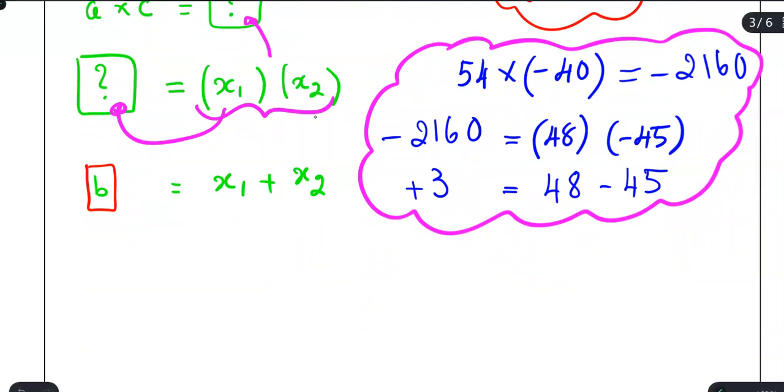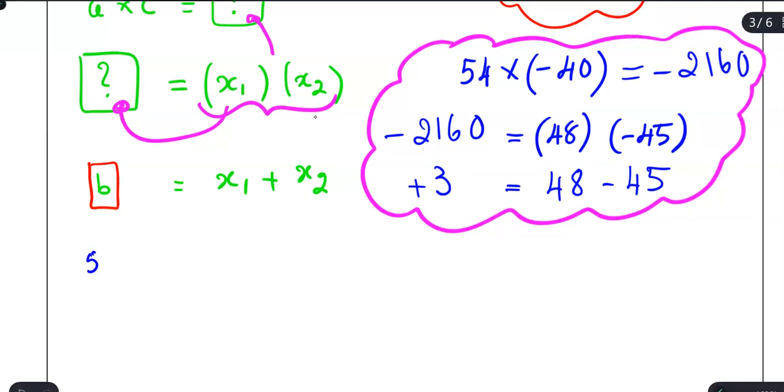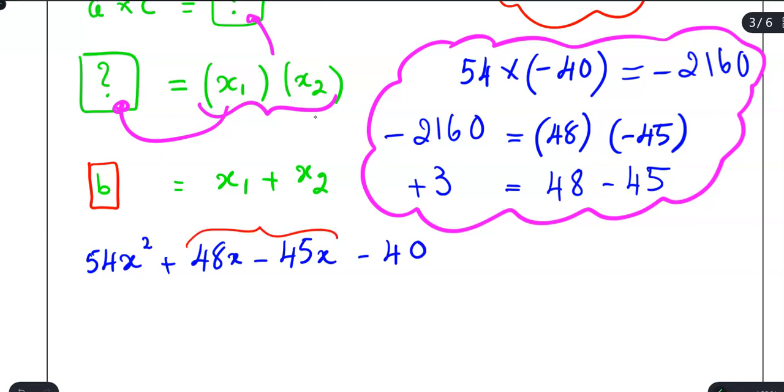In this case you are going to break the middle term into 48x and negative 45x. So you write your statement as 54x squared plus 48x minus 45x minus 40. These two middle terms add up to be 3x.